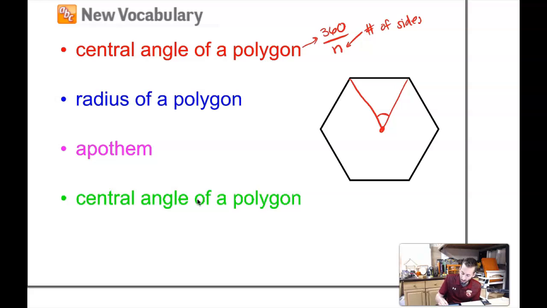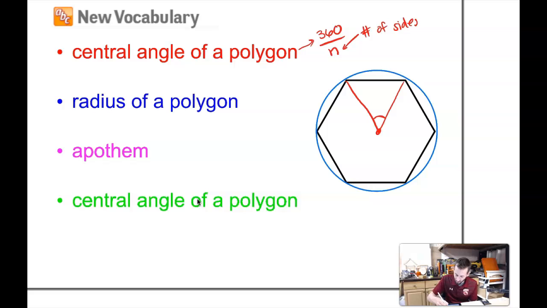Okay, and then next it says a radius of a circle. Now that's kind of weird because when we think of radius, we think of radius of a polygon, we tend to think of circles, like I said, right? So what happens is oftentimes these are actually, see if I can get this to be somewhat of a nice circle here. And we'll make it a little bit bigger. All right. So oftentimes these are inscribed in a circle, and so the radius is any point from the center to one of the vertices of the shape.